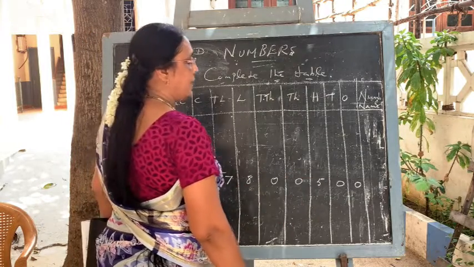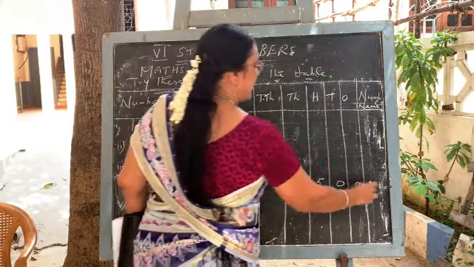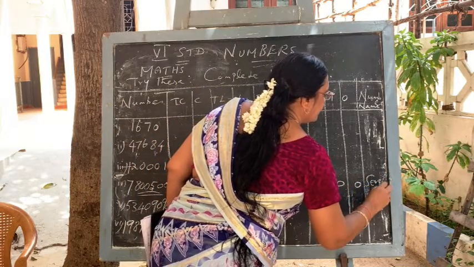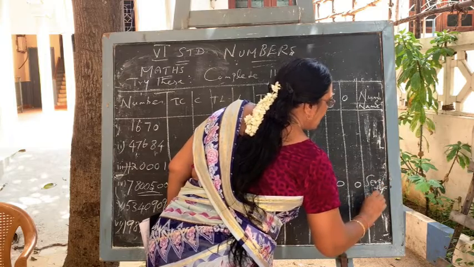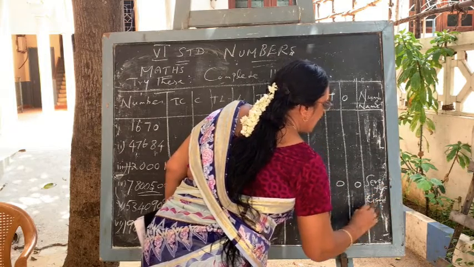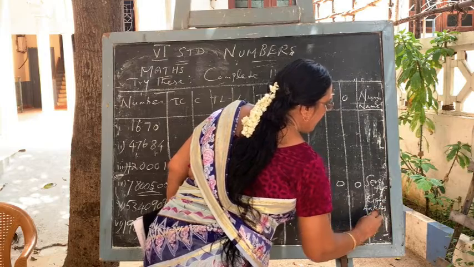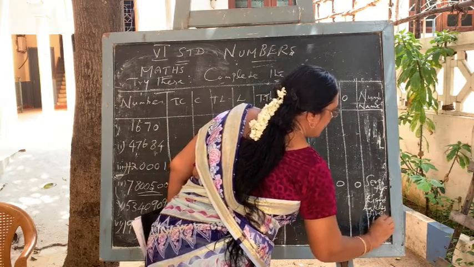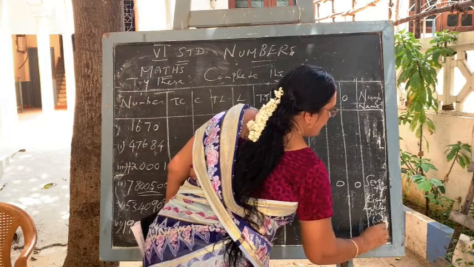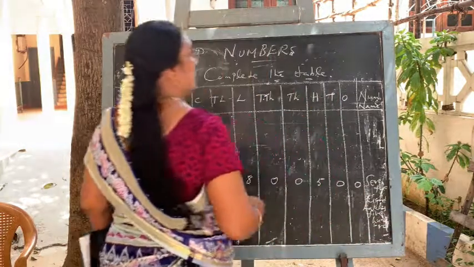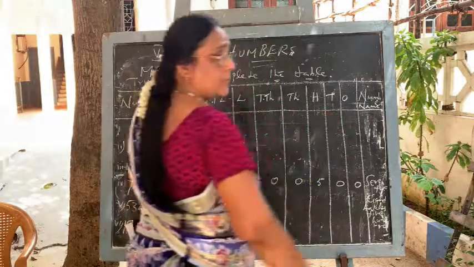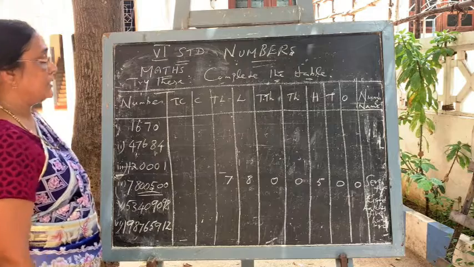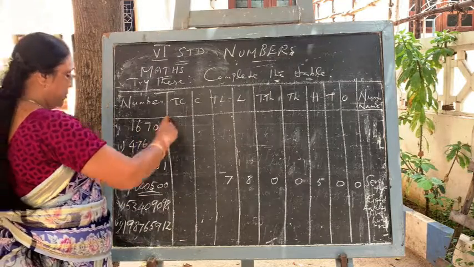So you have to write it here, 78 lakhs and 500. You open the last column as a bigger one. Then only you can write the name. Like that you have to fill all these things.